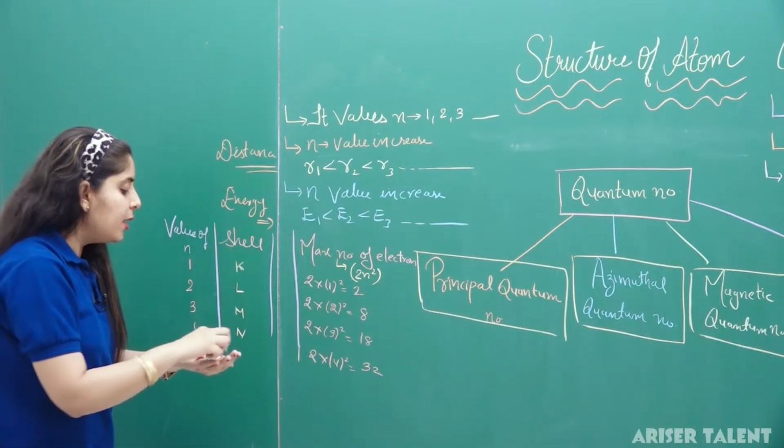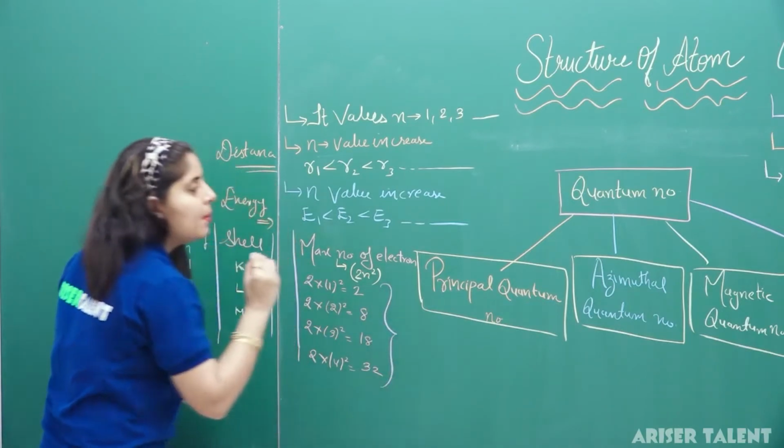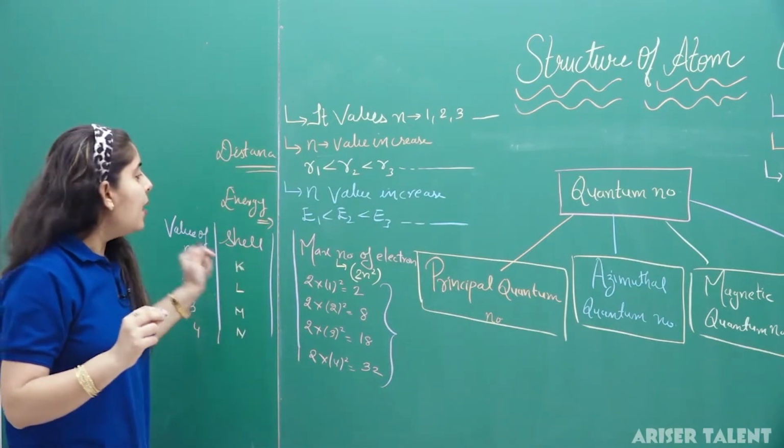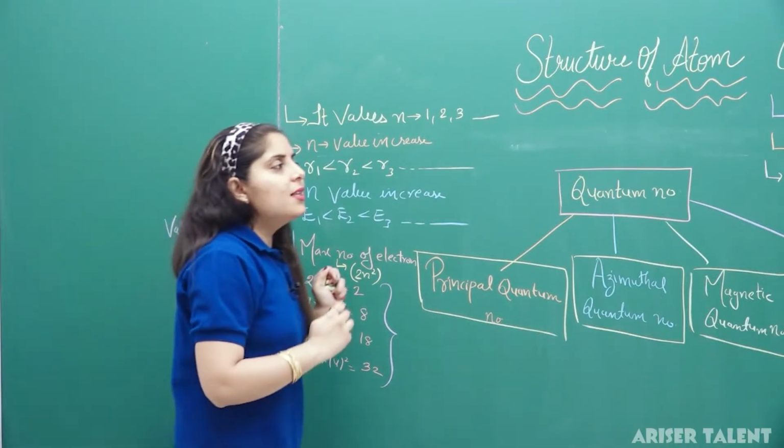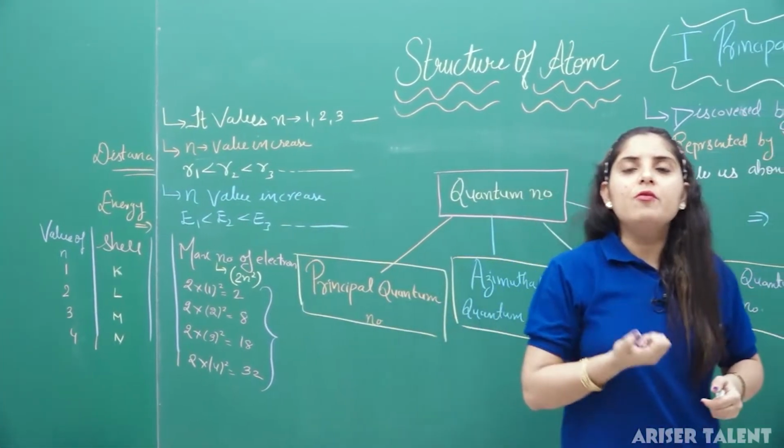So these are actually the maximum number of electrons according to principal quantum number in a particular shell of an atom.